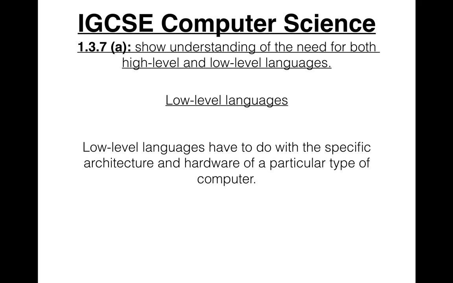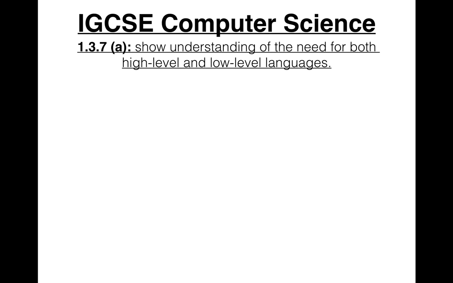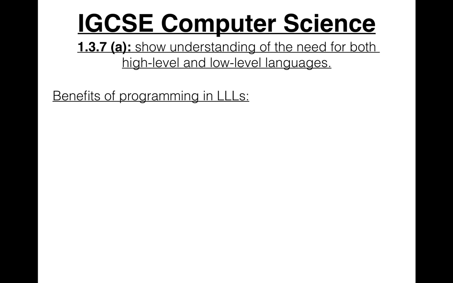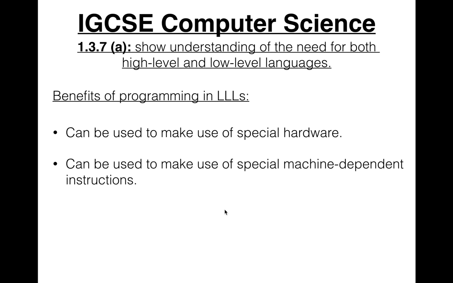Speaking of which, low-level languages have to do with the specific architecture and hardware of a particular type of computer. The benefits of programming in low-level languages, and you'll see when we look at low-level code that it's pretty hard, are these: it can be used to make use of special hardware, and to make use of special machine-dependent instructions.